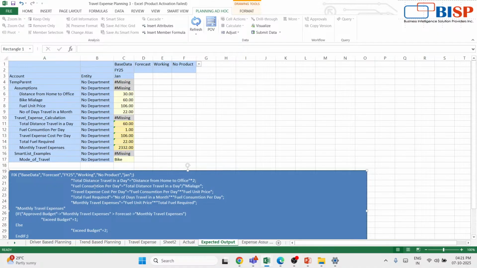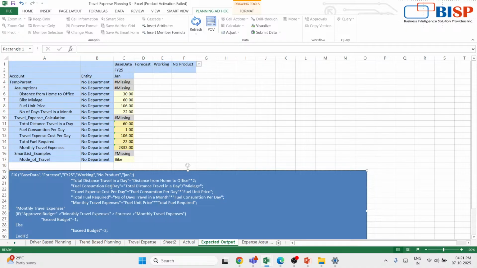EPM. Total distance travel in a day equals distance from home to office multiplied by 2. Fuel consumption per day equals total distance travel in a day divided by mileage.